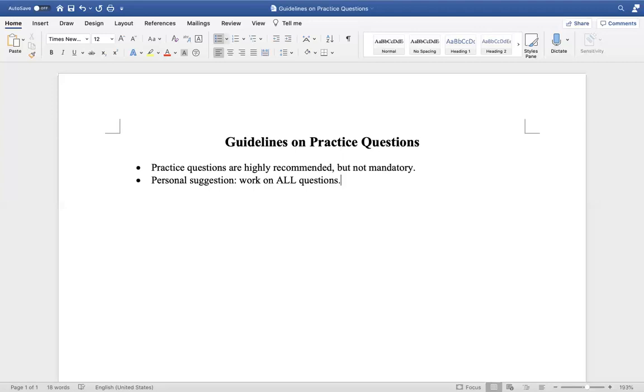But they are not mandatory, and they are not graded towards final scores. So only 3 tests and the final exam count. Okay, so those practice questions, they are highly recommended, but they do not form part of the evaluation.